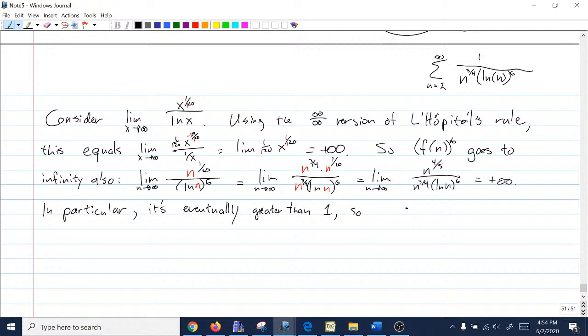So 1 over n to the 3/4 ln n to the 6 is going to be bigger than 1 over n to the 4/5 eventually. Direct comparison applies. Or I don't want to say direct comparison applies because I like folding that into the sentence.